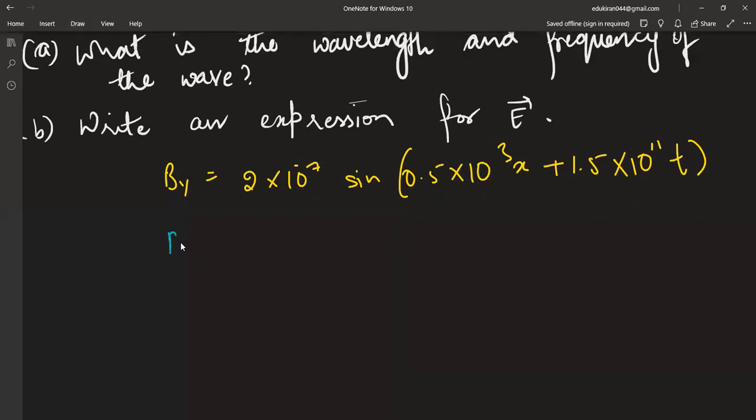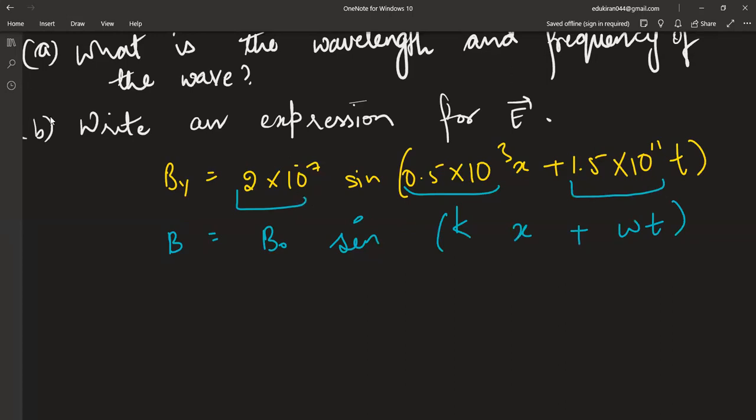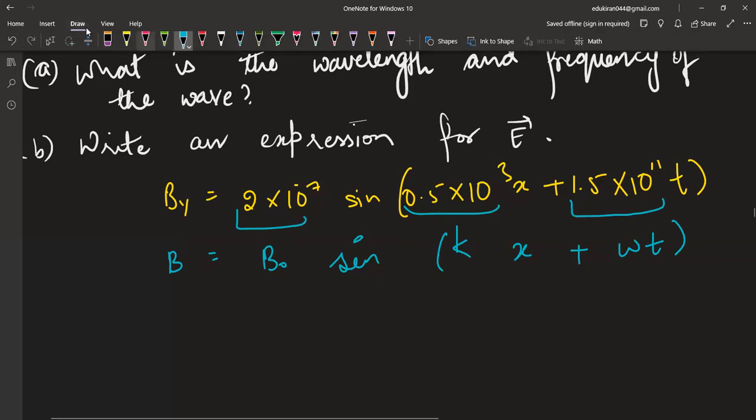When we compare it with the main equation, B is equal to B naught sine (kx plus omega t), can you see this is k, this is omega, and this is B naught. These are the things that we can extract from this question.